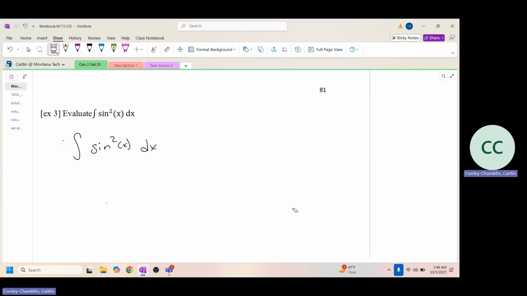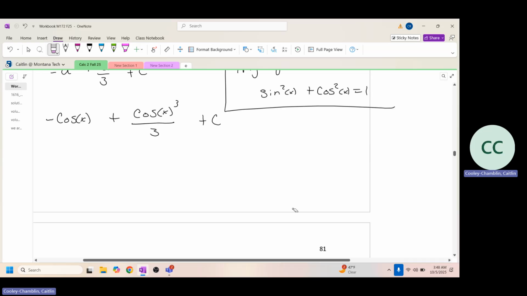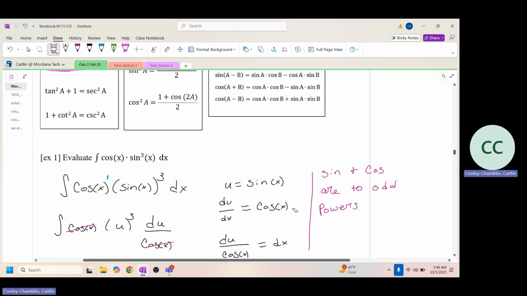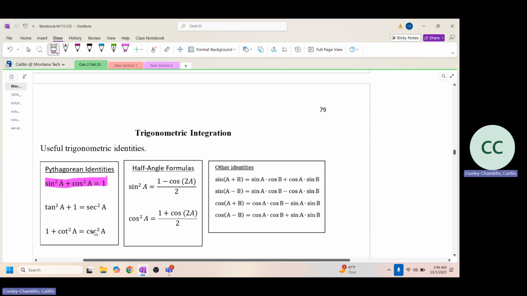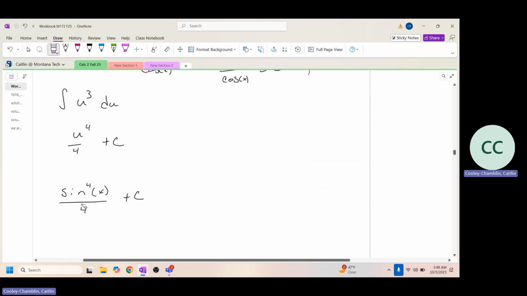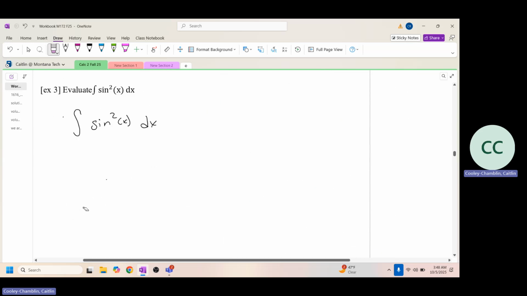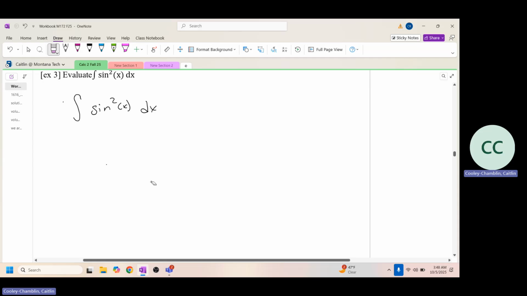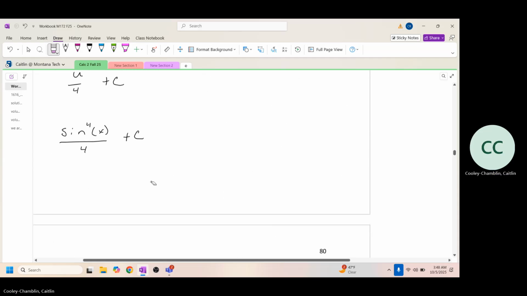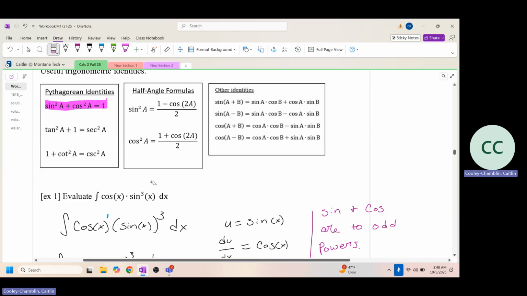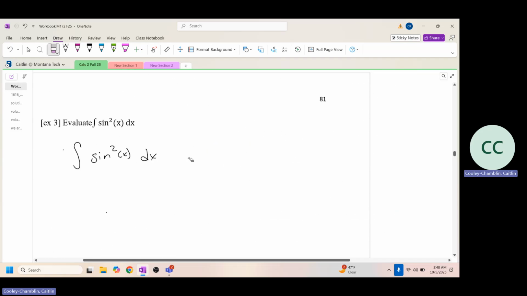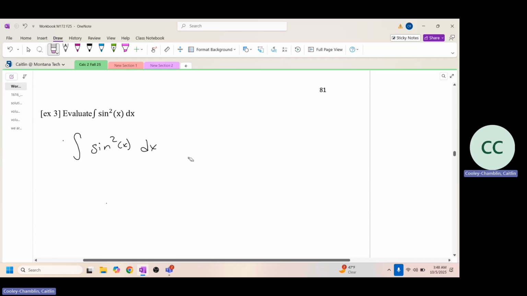Okay, so what can we do here? Let's go back up to our identities. Changing it to 1 minus cosine doesn't really help us. However, I do have this half angle formula that says sine squared of a is 1 minus cosine of 2a divided by 2. So let's do that.